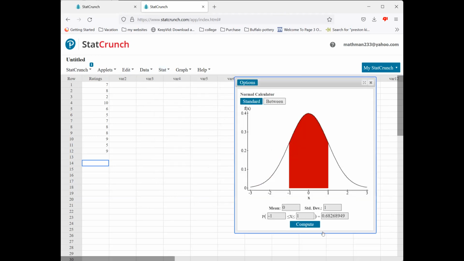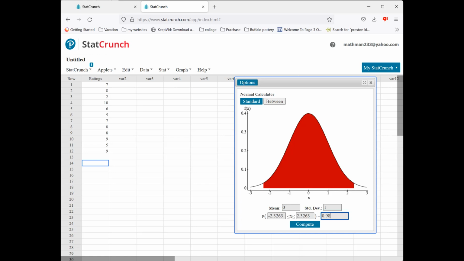We want to go between, and this time we're going to put the area of 0.98. We get our critical value of 2.3263. That's what we're going to put on the paper here. Usually the expectation is we only need two decimal places, so we're going to just use 2.33, rounding that.